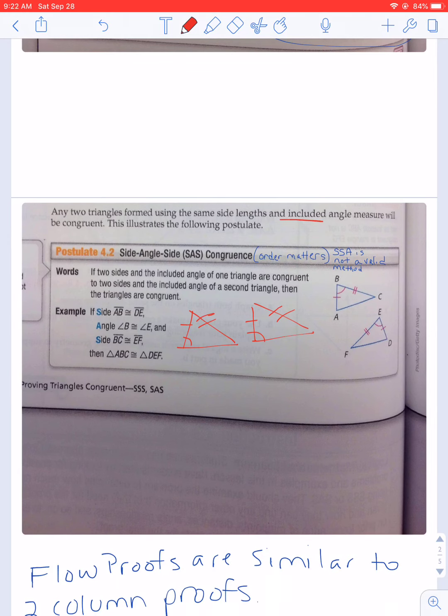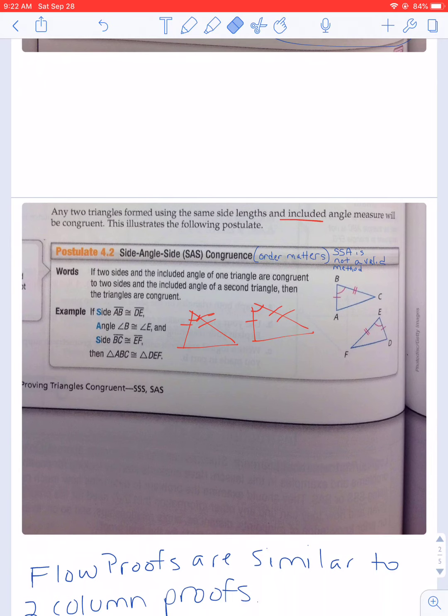That angle in these red triangles I just drew is not between the two sides. In order for this to work, I would need the angle to be this one here. That would work, and if I knew these others were congruent, so be it. But that's where it's got to be. It's got to be between the two sides that you know are congruent with another triangle, okay?